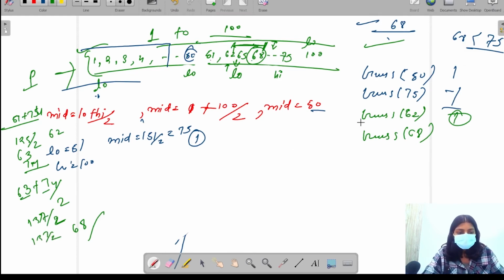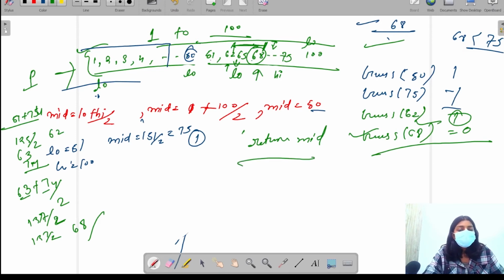Now I call guess of 68. It returns me 0. So if it returns 0, it means I have found my number, and I am going to return my mid, because my mid is now equal to my picked number.